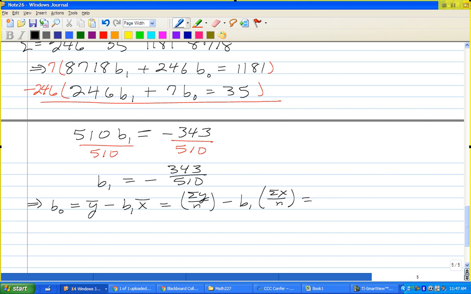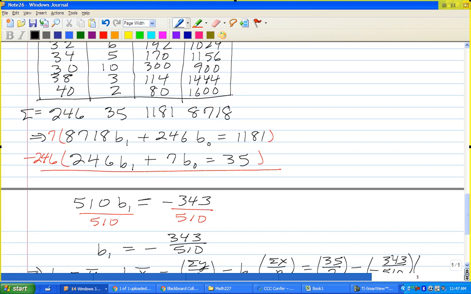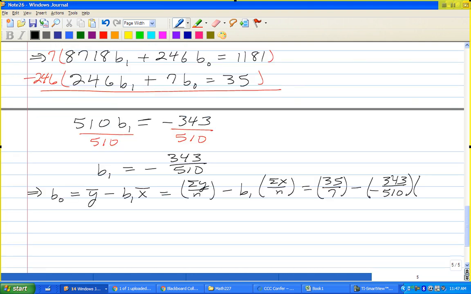And so I get 35 over 7 minus negative 343 over 510 times sum of x, 246 over 7.